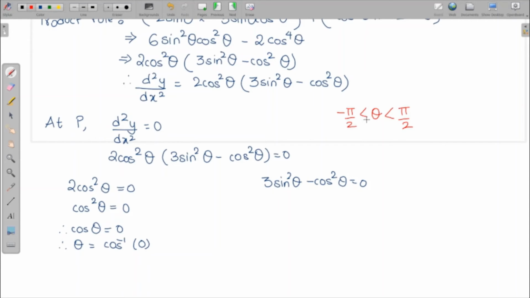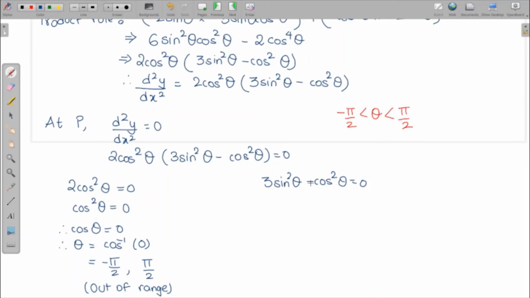Okay, see, there is no equal to sign out here. That means theta must be greater than minus pi by 2 but less than plus pi by 2. So if we do cos inverse of 0, we are going to get minus pi by 2 and plus pi by 2, and as we can see, both of these values of theta are out of range. So therefore this is out of range. So let's work with this part now.